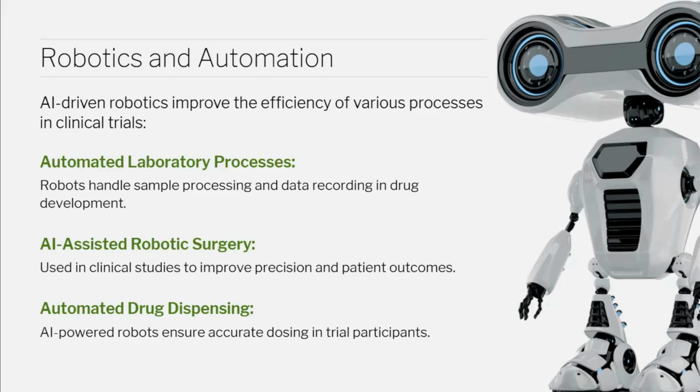It can automate drug dispensing, like AI-powered robots ensure accurate dosing in trial participants. Like the injections, if you saw in COVID, everybody was being vaccinated. Basically, that drug was not the actual drug. That was the emergency drug, and the emergency approval was given by the regulatory authorities.